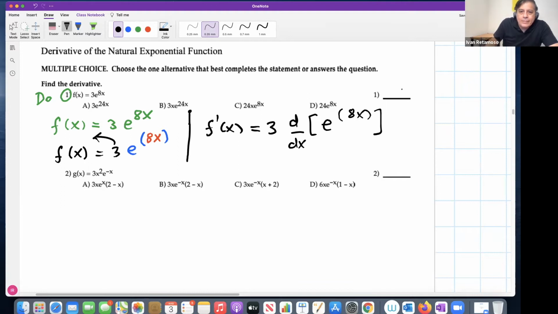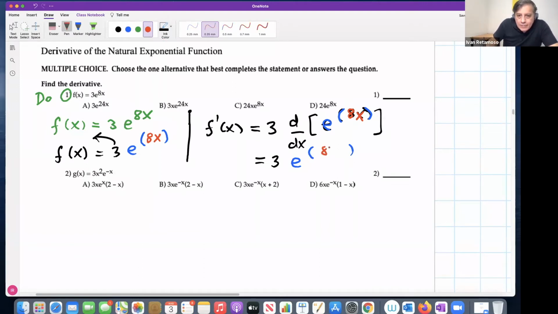But we explained that when you deal with the exponential function having an exponent that is not x, but let's say 8x, some other function, since this is our outside function, e raised to something, and this is our inside function, 8 times x, all we do is take the derivative of the outside function itself, but evaluated at the inside function.